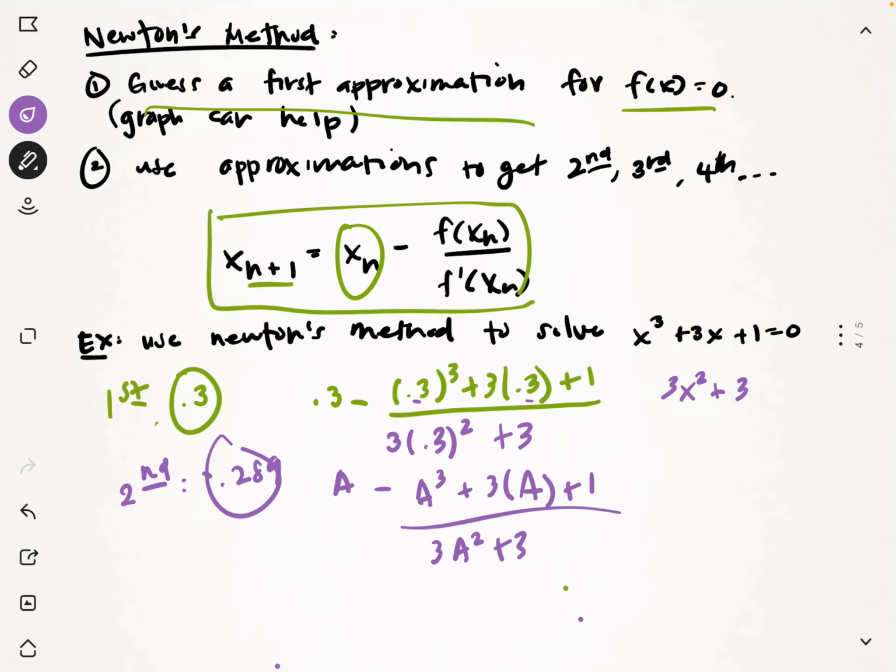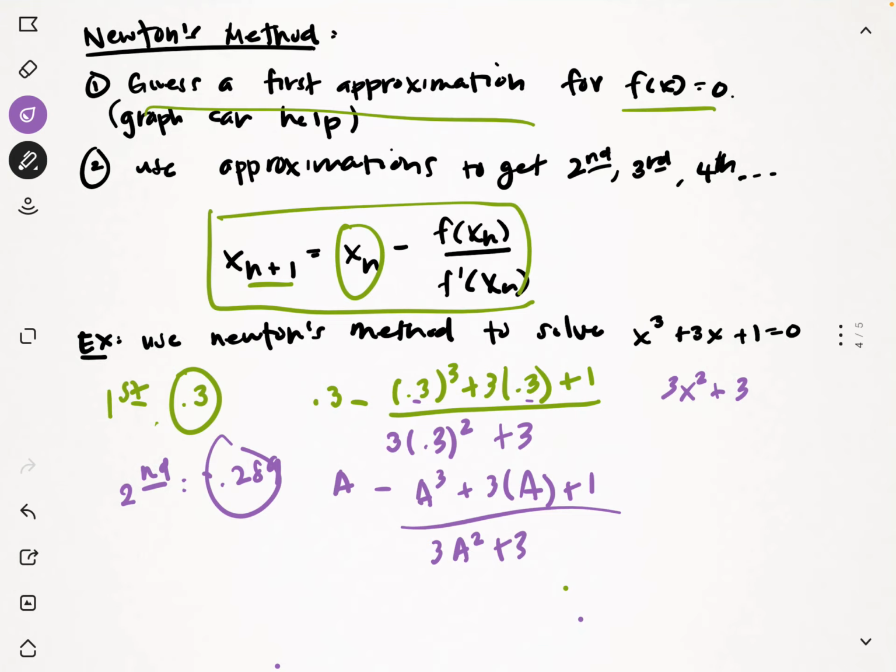Let's see if it works if I put big parentheses. Hold on. 0.3 minus big parentheses 0.3 cubed plus 3 times 0.3 plus 1 close parentheses divided by 3 times 0.3 squared plus 3 close. Yeah, it's the same thing.